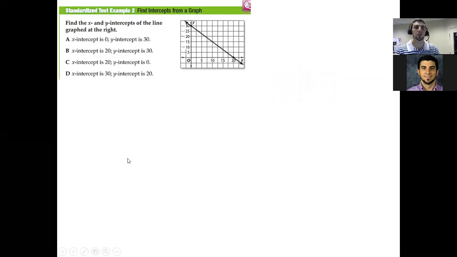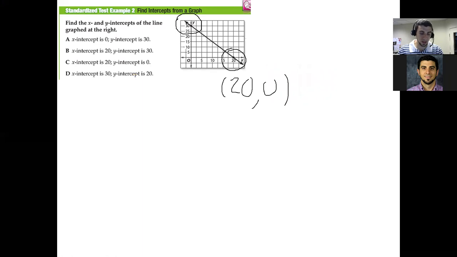Okay, so let's find the x and y intercepts of the line graphed at the right. So I can identify them right here and here. Okay, they're the points where the graph crosses the x or y axis. Now here, this crosses the x-axis at 20, so that's the point 20, 0.